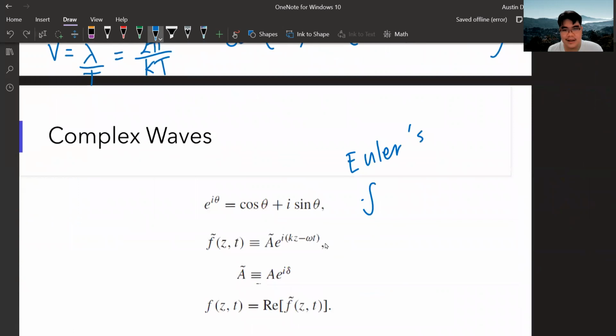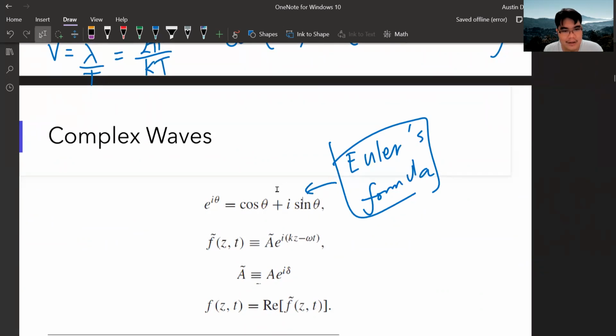Ito ay itong bad boy. So we have this equation, e raised to i theta is just your cosine theta plus i sine theta. Then you can use this to create waves.